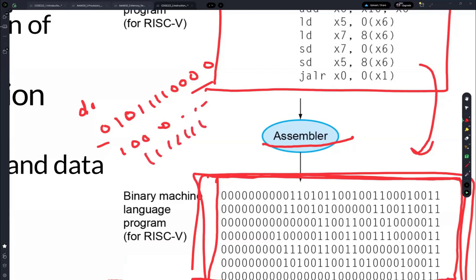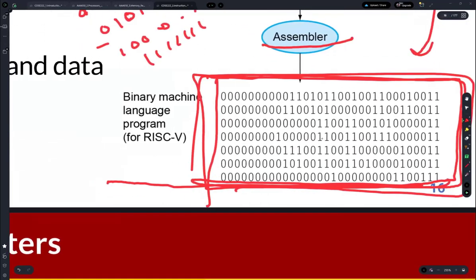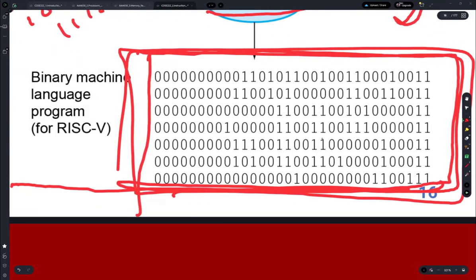Okay, so these are data. And if you see a machine instruction, actually we cannot distinguish it. It's just digital data, right? So you need to understand this. Instructions are also kind of digital data.